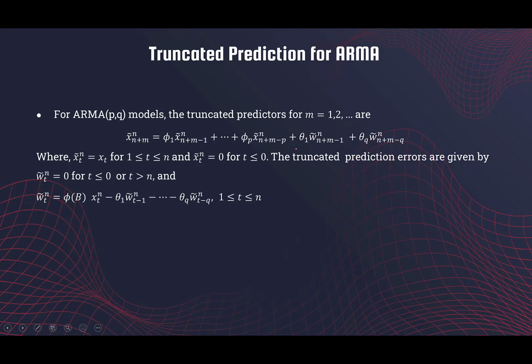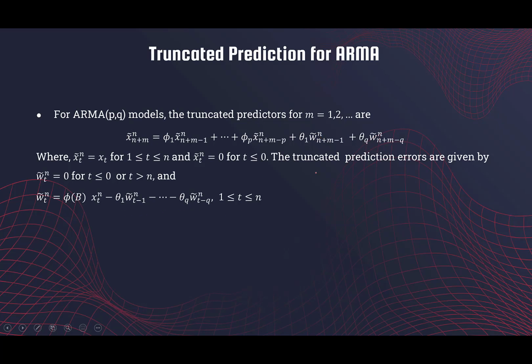These w tildes are given by these equations. You need to remember this, but not blindly. There are some patterns, some logic going on here. In this equation, we write the ARMA, but we replace the x's with the tilde predictors, and the w's also with predictors. Now we know how to calculate the x tildes. We don't know what to do with the w tildes. So the w tildes come from this equation.